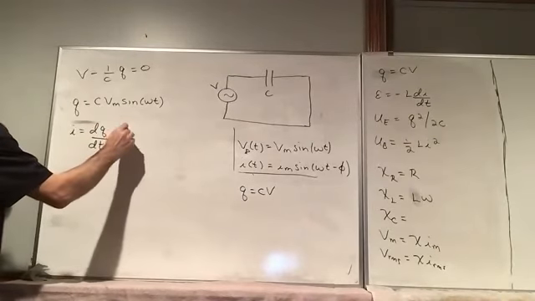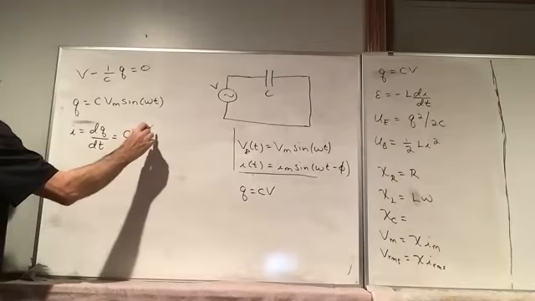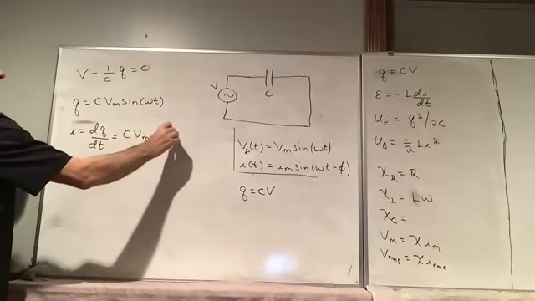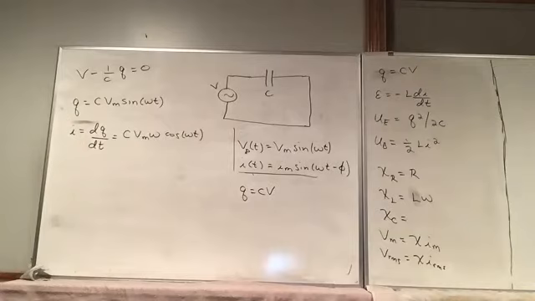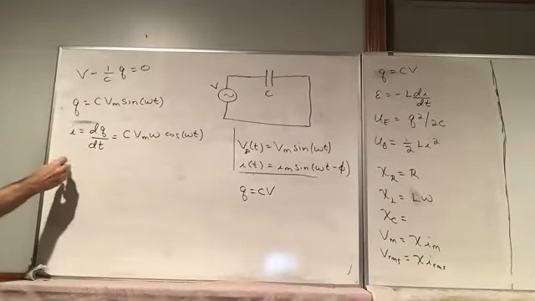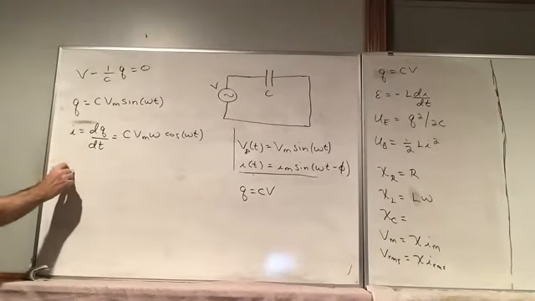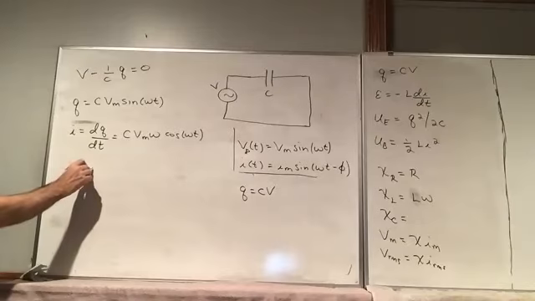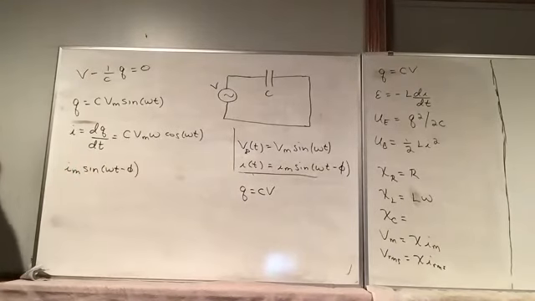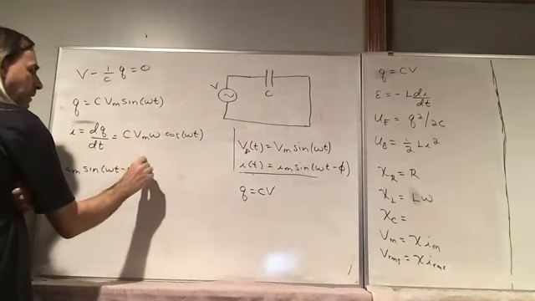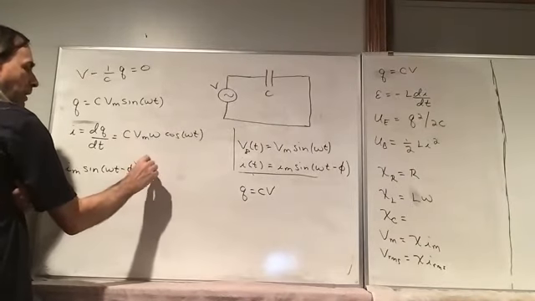So let's see, we'd have C, we have omega cosine omega t. And then we could relate that. We know that the current is I max sine omega t minus phi. How do we get that equal to that?